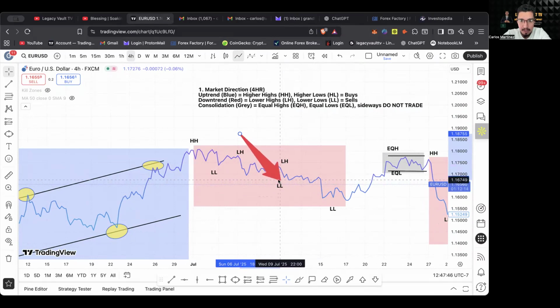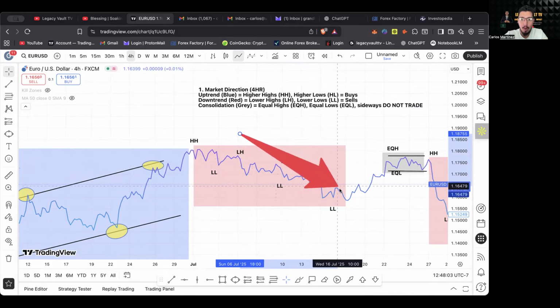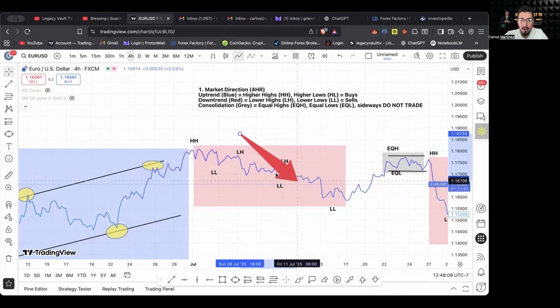And this peak on this lower low is lower than this last previous peak. So when you see these peaks, you are seeing a downtrend when you get at least two peaks in the market. Okay, now the overall trend is a downtrend and you're looking for sells. This lower low is lower than this last previous lower low.